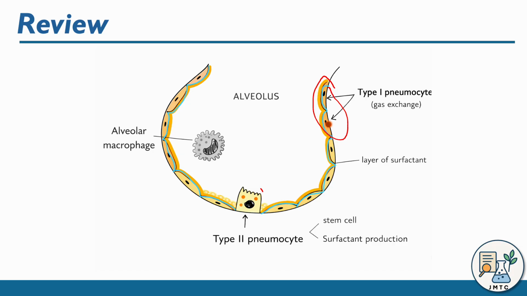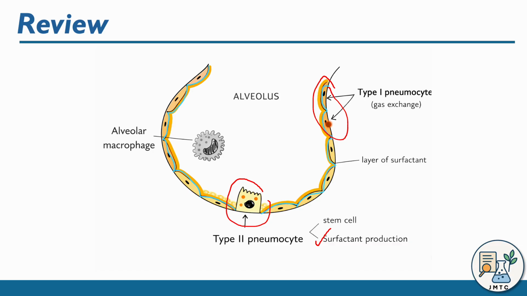We also have the second type, which is your type 2 pneumocytes. Ito naman medyo cube ang itsura, cuboidal. It's not for gas exchange, but it has two important functions. First is your surfactant production. Inside these cells, itong mga orange na makikita nyo, may stored substance tayo called surfactant.